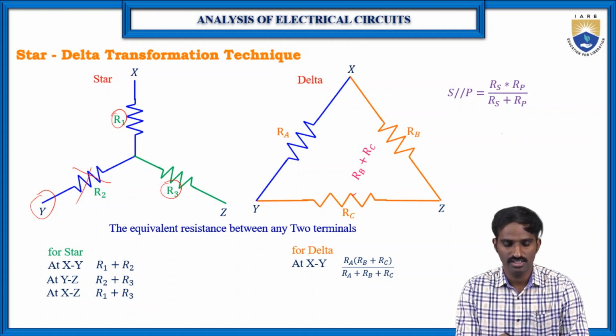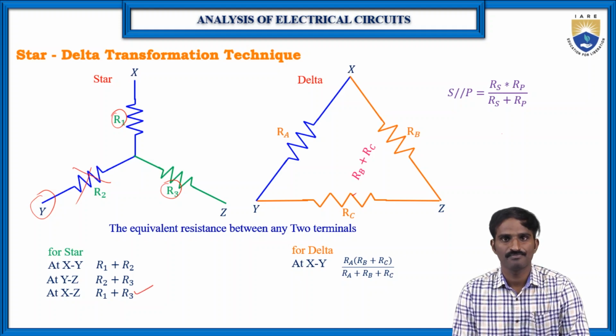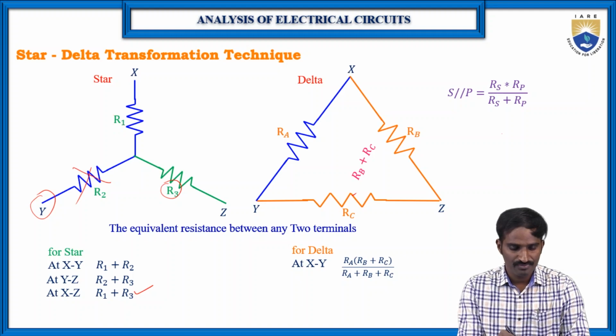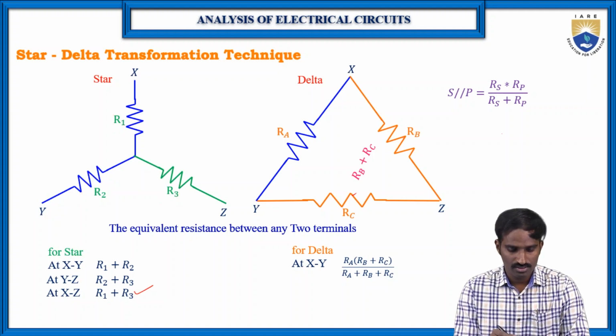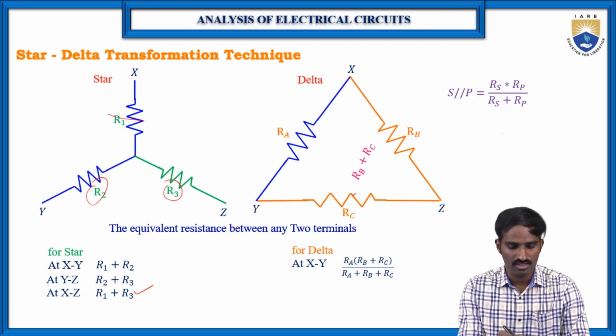So we can say R1 and R3 are in series, so between X and Z it is R1 plus R3. And similarly between Y and Z, what are the two resistors? R2 and R3. R1 should be neglected, so it is R2 plus R3.